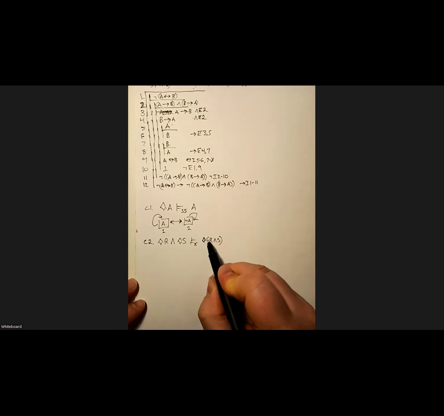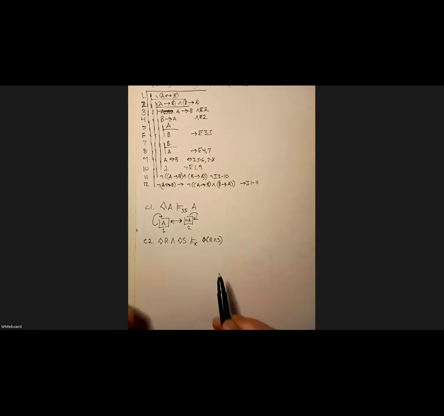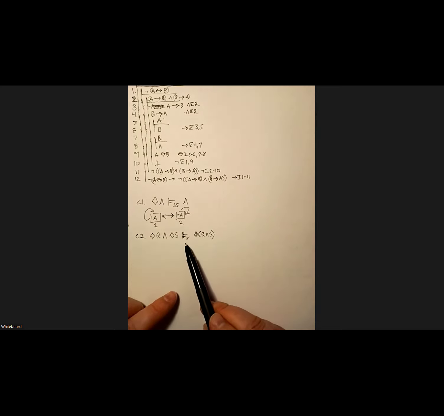Entails diamond R and S. Now, the thing to remember about our various modal systems, and this is something that's also useful to see back in our rule sheet, is our various different modal logics. K is the simplest one. There's no restrictions on the accessibility relation.